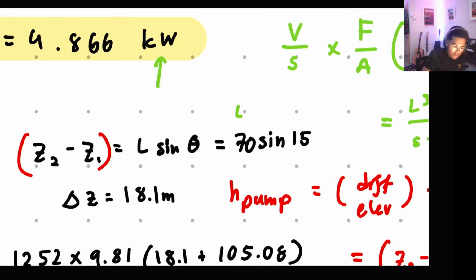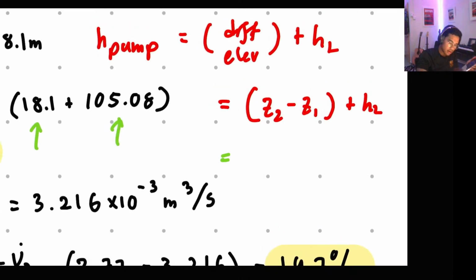L is equal to 70, theta is equal to 15. So the vertical length would be 70 times sine 15. Okay, masukkan dalam calculator, korang akan dapat 18.1173. So that is the vertical distance or the difference in elevation.